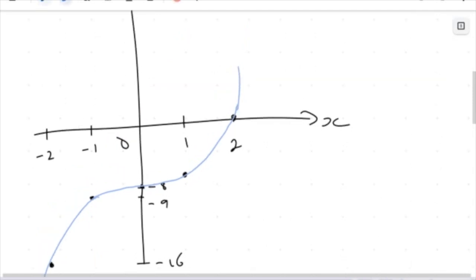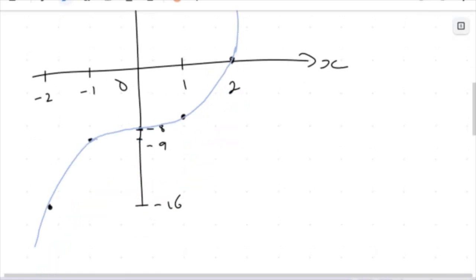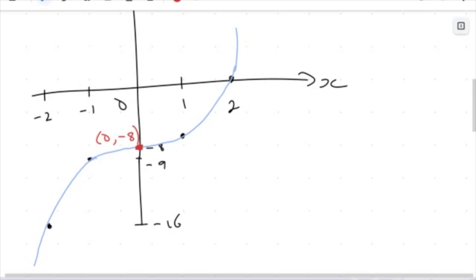We've shifted down. The point of inflection, this point where we momentarily stop and then continue up in the same direction, is at the coordinate 0, -8. So it's gone from where it typically would be at the origin of 0, 0, it's gone down 8 units.